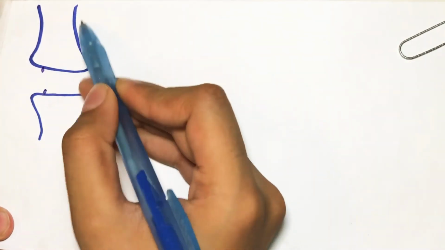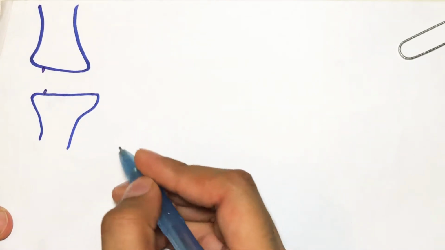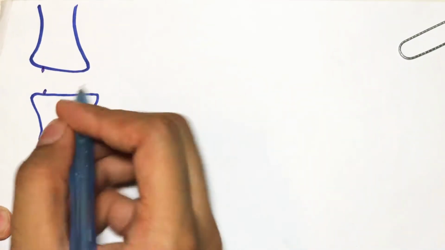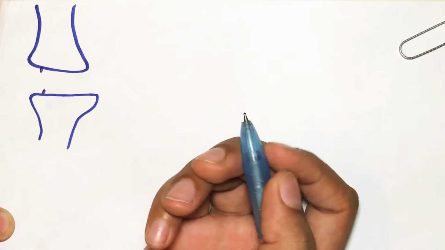Hello everyone. So in today's lecture we will be discussing indirect acting cholinergic agonists and those which are of reversible kind. Before discussing them we need to understand the role of acetylcholine esterase. If this is the presynaptic neuron and this is the postsynaptic neuron, acetylcholine esterase is an enzyme which is attached to both presynaptic and postsynaptic nerve terminals.